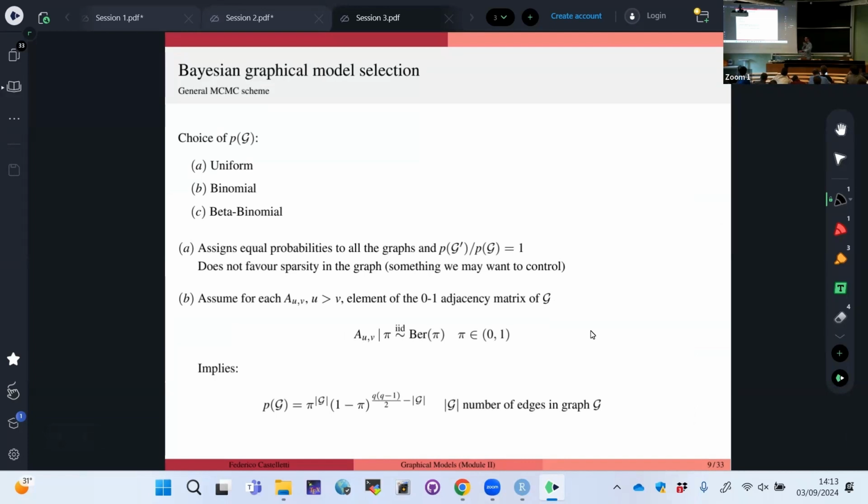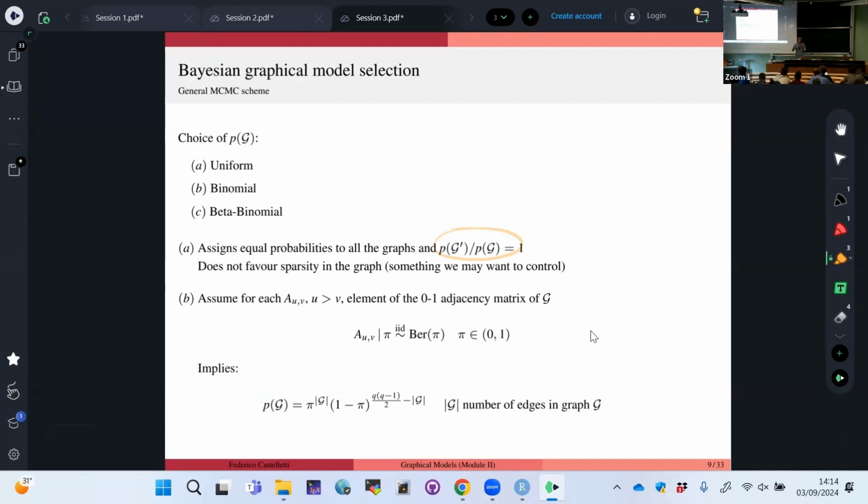I may consider all possible graphs as equally likely, in which case the prior on G is uniform. So I assign equal probabilities to all the graphs, and then the prior ratio P of G prime over P of G will be equal to 1. This is a possible choice, but it does not favor sparsity in the graph.